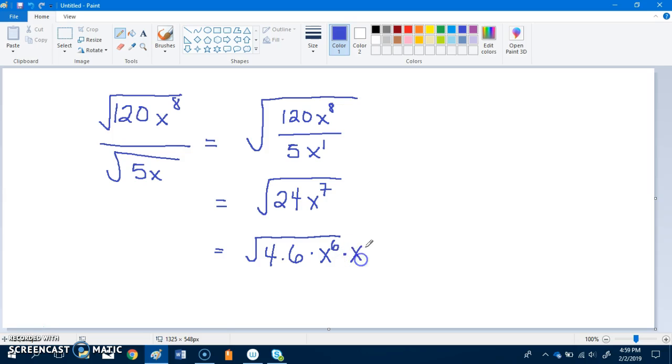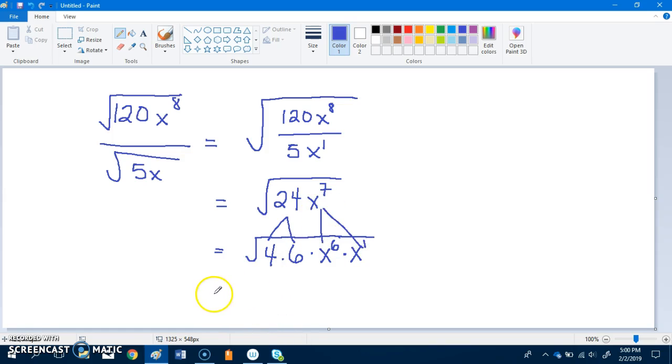That's the largest one we can get, and then we have to multiply that by x to the power of 1 in order to make up this x to the power of 7. So that's the next step, breaking this apart so that we can get some perfect squares that we can then take out of the square root. Neither of them are perfect by themselves. That's why we did the factors.